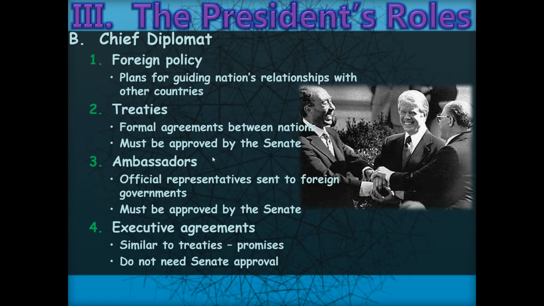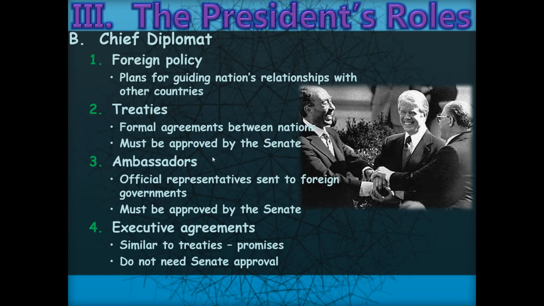Okay, and then we also have executive agreements that the president can enter into. An executive agreement is much like an executive order, but in this case, it's a treaty that is in effect while that president is in office. It does not need Senate approval.